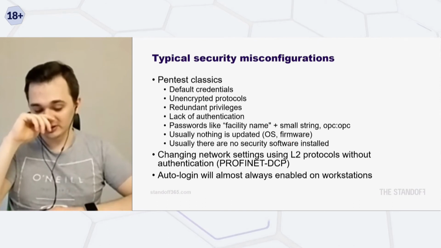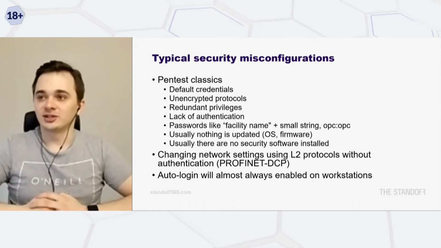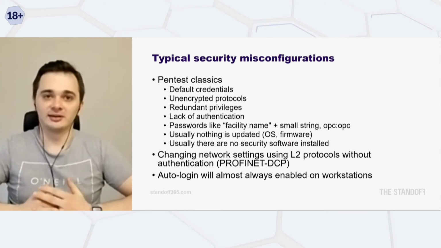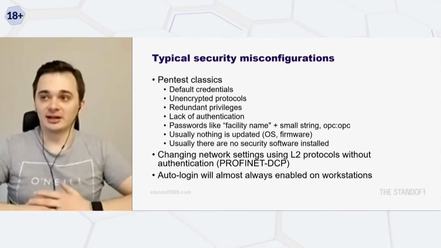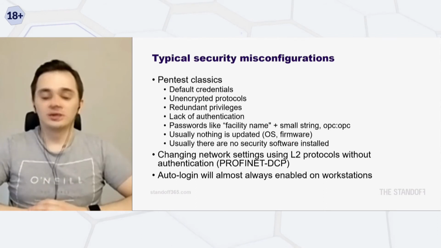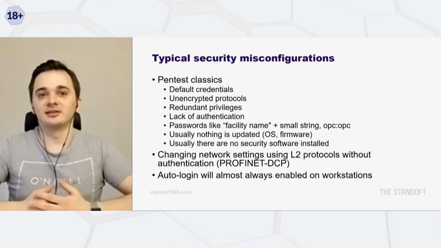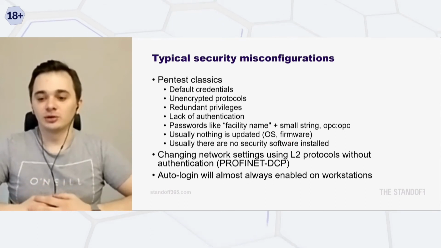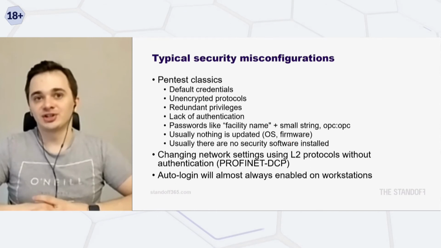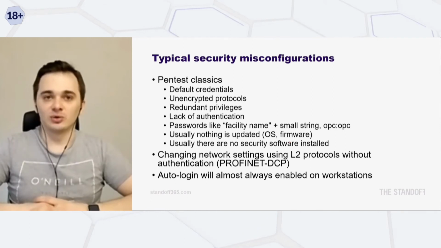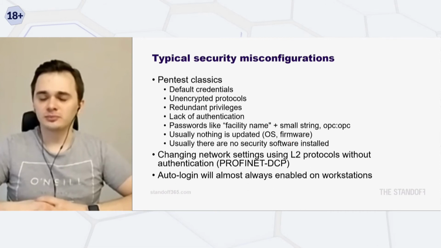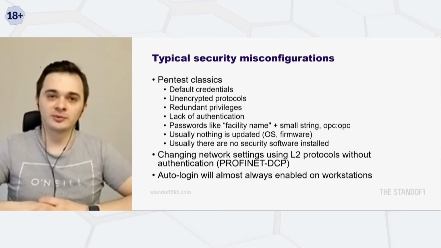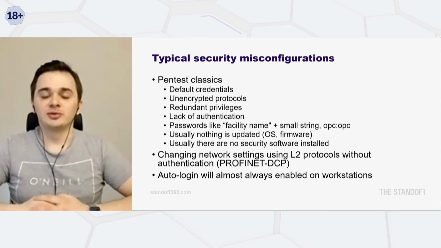Then let's focus on the typical security misconfigurations. This is what we encounter in real-life industrial control systems. We'll start with the classics of pen tests: default credentials or passwords, the default passwords from the vendor or passwords that are used by the integrator everywhere on all their projects, and unencrypted protocols.